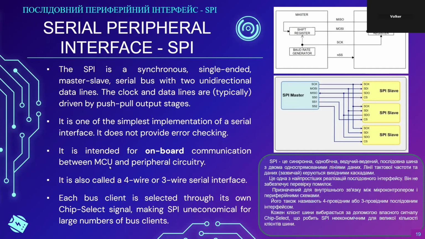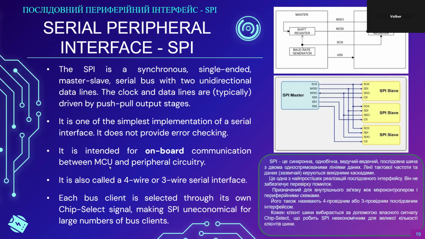So you can already see in this example, in the picture in the middle, that for every device that is on the SPI bus, a separate select line has to be implemented on the microcontroller, on the SPI master, which is usually the microcontroller.